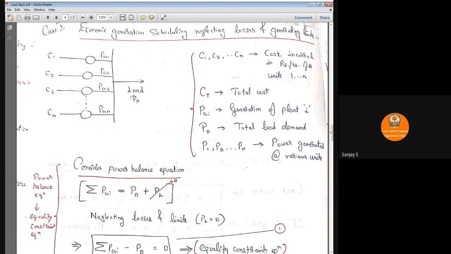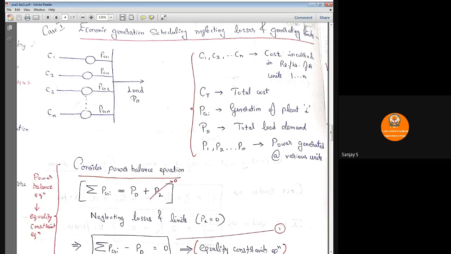Those circles represent the power plants, and C1, C2, C3 represent the respective cost involved in generating the power, and PG1, PG2, PG3 up to PGN represent the power being generated by the respective plants. And then on the right hand side, ahead of the bus bar, you can see the load demand that is being fed from these set of units.